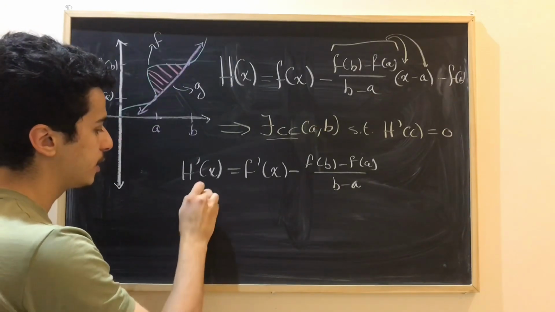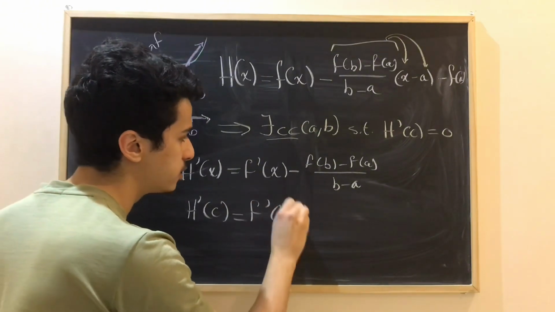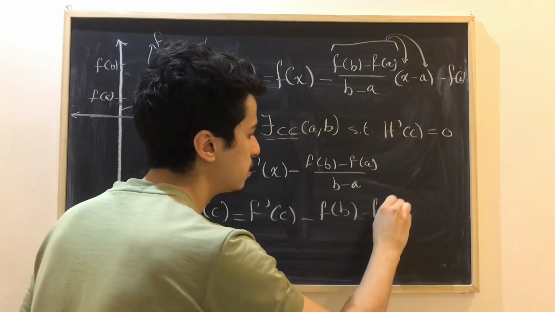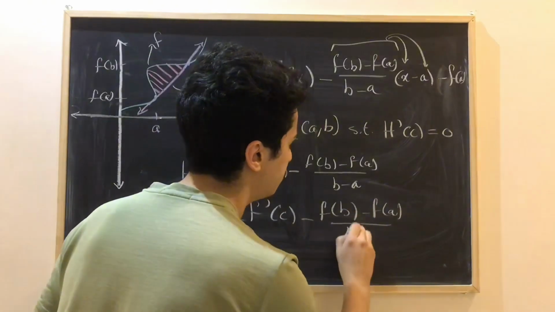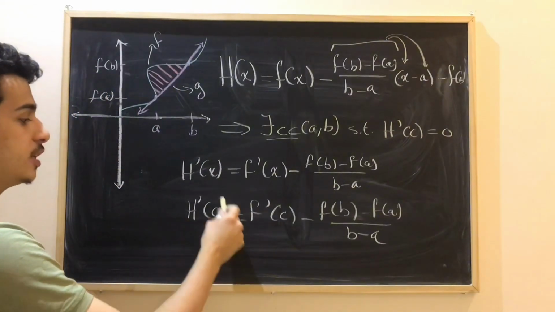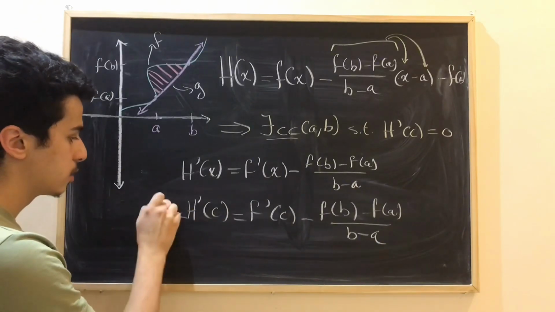And now we have the c guaranteed, and we can plug that in. So h prime of c is equal to f prime of c minus f of b minus f of a over b minus a. And now we know that h prime of c is equal to 0, and so we can set this equal to 0.